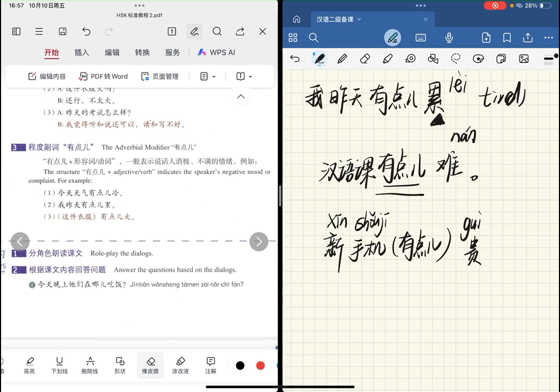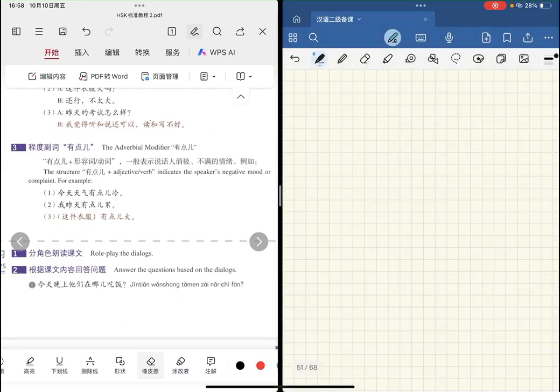The tired expresses a negative feeling. 汉语课有点难。新手机有点贵。Okay, so that's all for today's grammar.